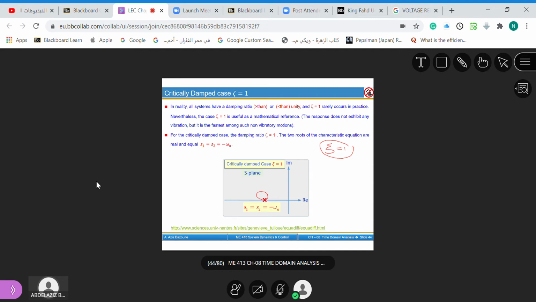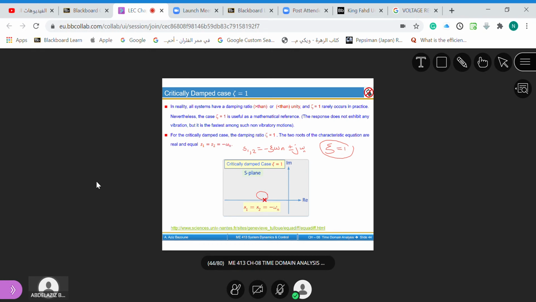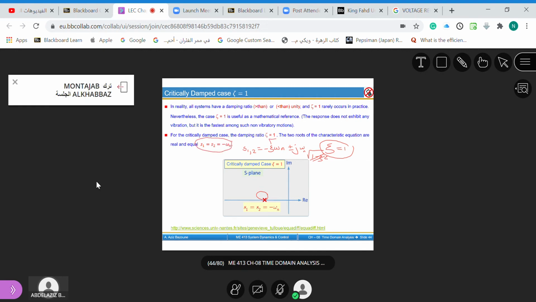If you remember, we wrote the poles like this: S1,2 equal to minus zeta omega n plus or minus j omega n square root of 1 minus zeta squared. When zeta is equal to 1, this square root term is 0, so S1,2 will be equal to minus omega n, because zeta is equal to 1.